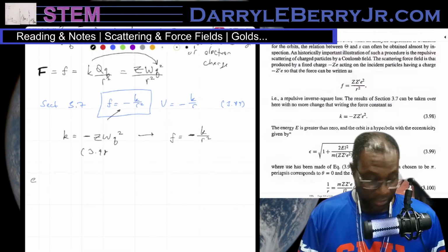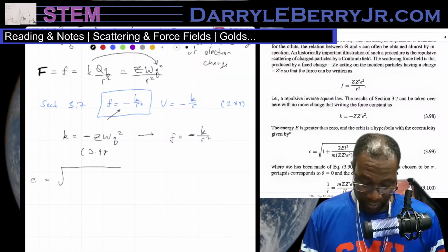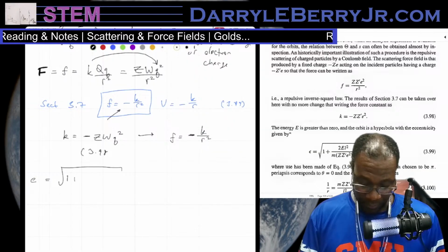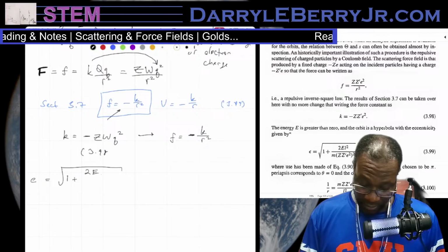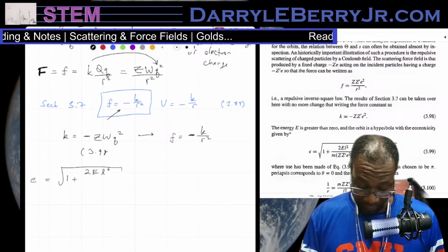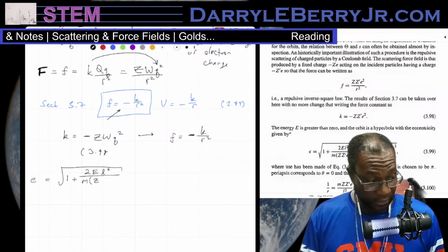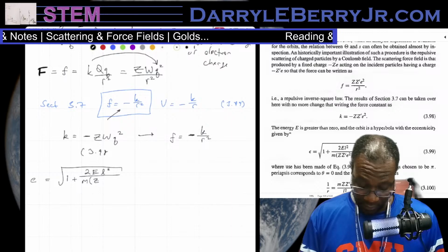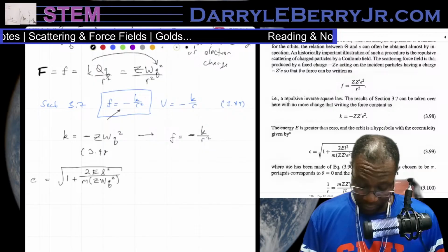we have the eccentricity. I'll go ahead and use the eccentricity equals square root of 1 plus 2E angular momentum squared over mass times (Z Z' e squared) squared.